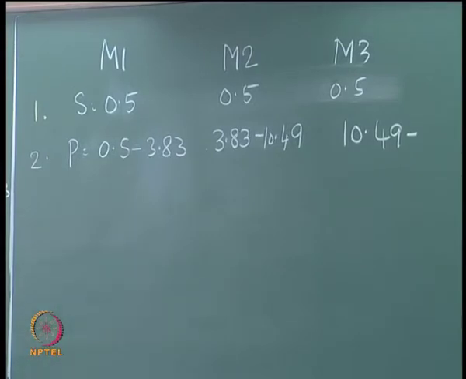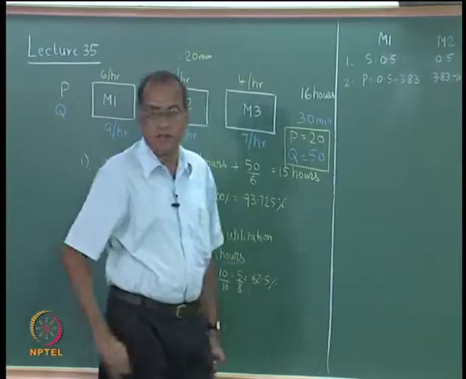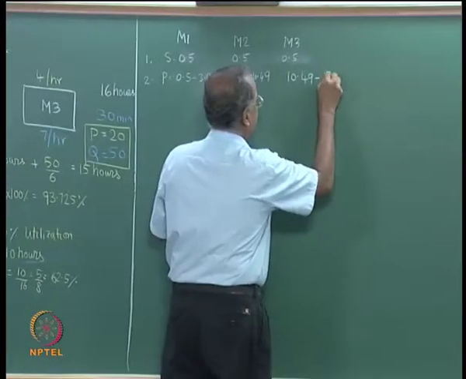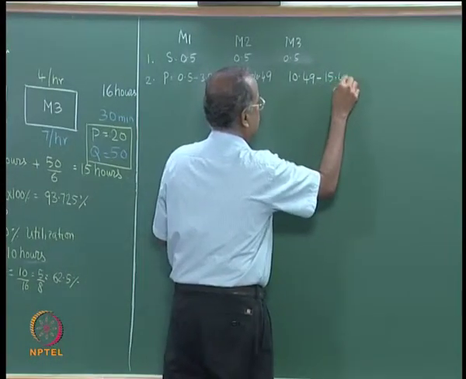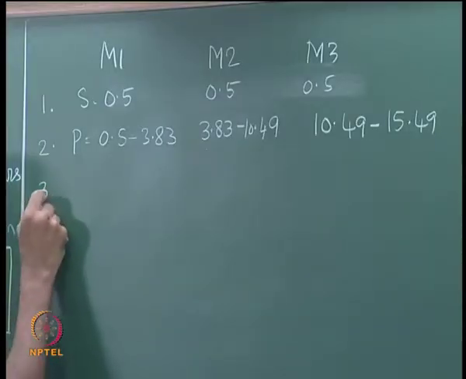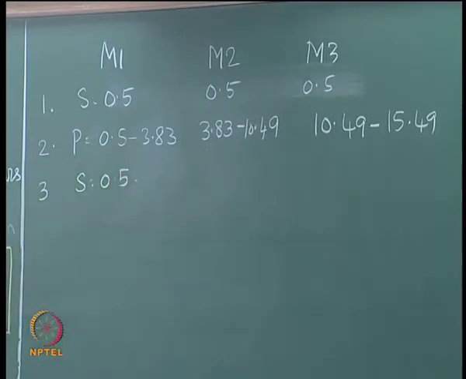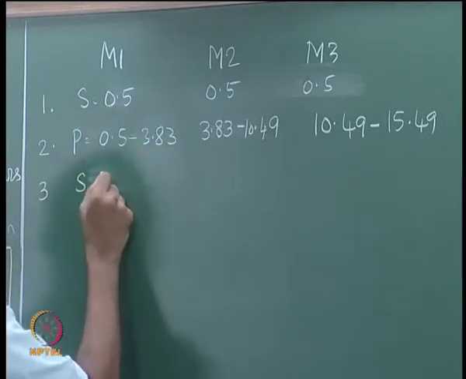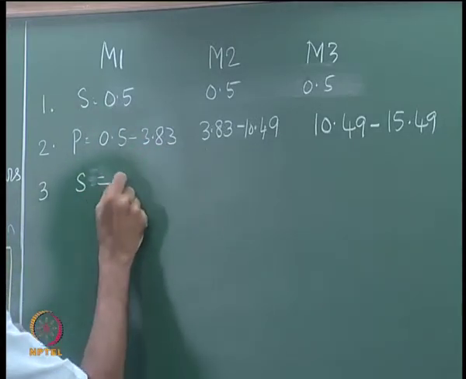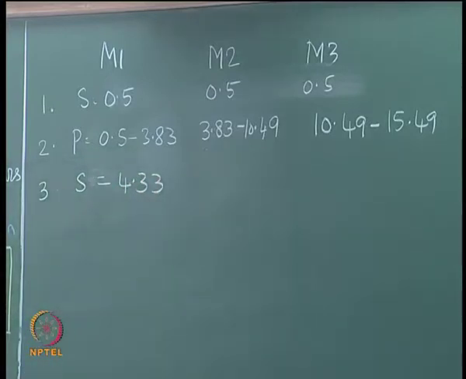This is going to take another 5 hours, 20 by 4 is 5, so 15.49 hours. Now, there will be another setup changeover from P to Q. So, this is 3.83 plus 0.5, so 4.33.